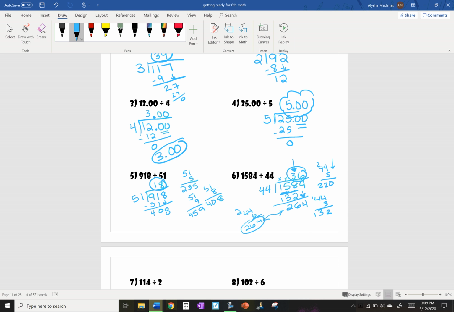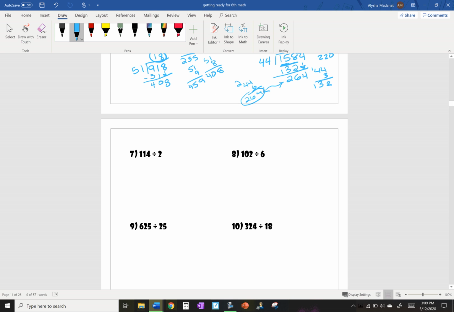So for more of the division, you've got 114 divided by 2. That's going to give you 57 as your answer. You're going to do number 8, which is 102 divided by 6.